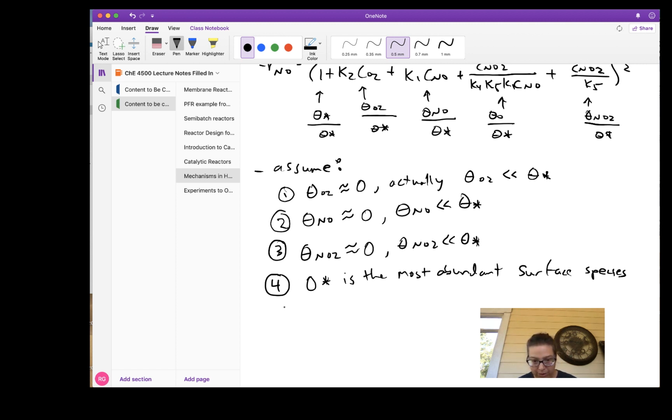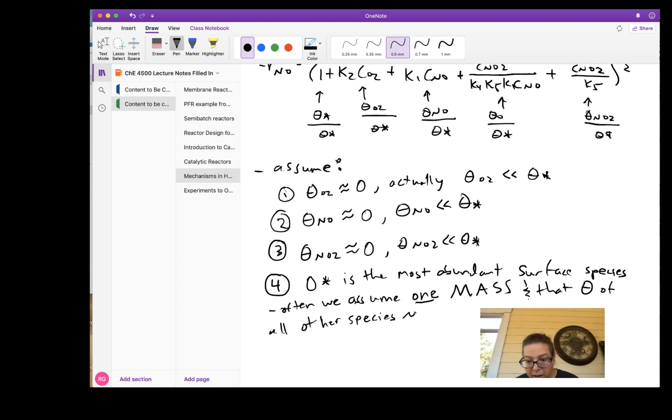So let's make the note here also. Often we assume MASS, most abundant surface species, and that coverages of all other species are approximately equal to 0.